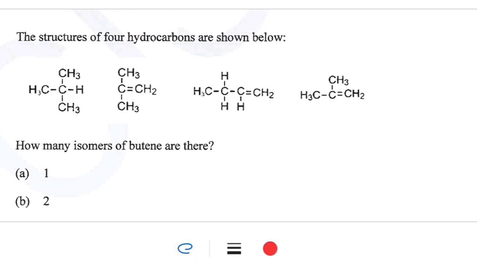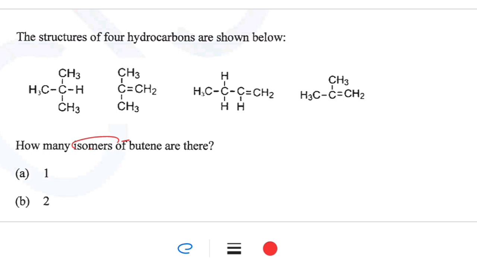Next question. Structures of 4 hydrocarbons are shown below. How many isomers of butene are there? To attempt this question, you should know what an isomer is. Isomers have the same molecular formula but different structures.